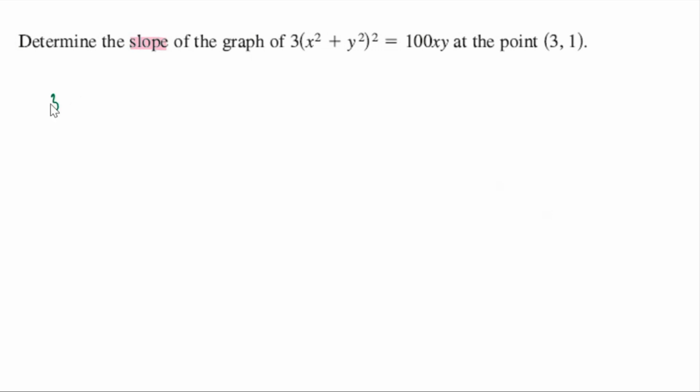So we have here 3 times the quantity x squared plus y squared to the power of 2 is equal to 100xy. Taking the derivative of that, 2 times 3 using the power rule, we have now 6 times x squared plus y squared to the power of 1. No need to write 1. And then take the derivative of this using the chain rule: times the derivative of x squared, which is 2x, plus the derivative of y squared, which is 2y, but this is implicit differentiation.